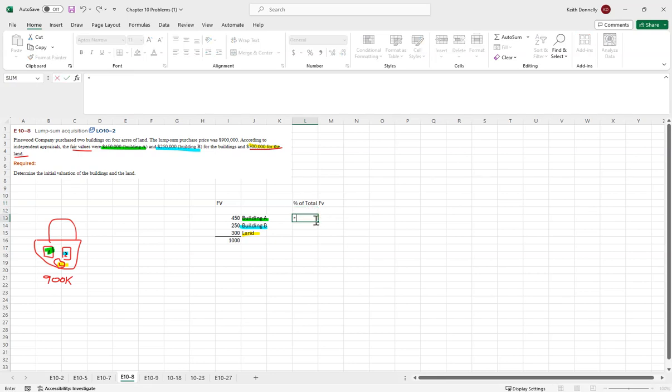It's basically, hey, 450 divided by 1,000, 45%. 250 divided by 1,000, 300 divided by 1,000. You add those guys up, it's 100%. So let me put these in percentage signs here, 45, 25, 30.